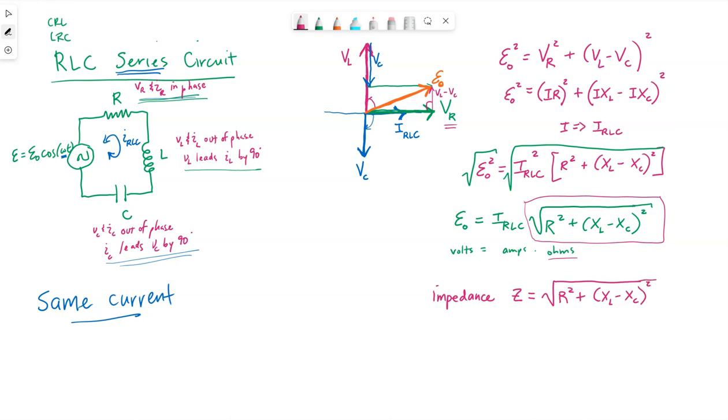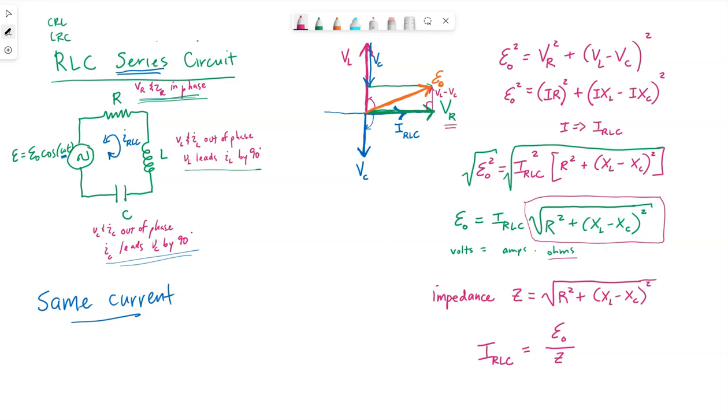This is the overall ohms in the circuit, the overall resistance to the flow of current. The total amount of current that flows in the circuit, the peak value, would be the peak source voltage divided by this impedance.